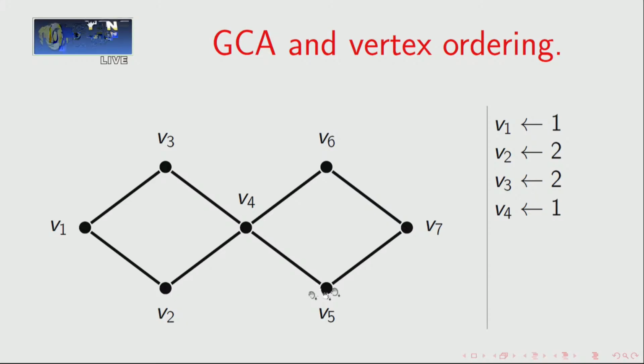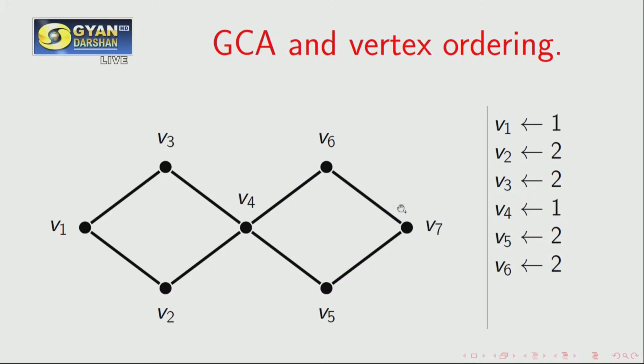Now we color V5. Again we see that only one of its neighbors has been colored before it, that is V4, which is colored by the color 1. So the least color available is 2, and 2 is assigned to V5. In a similar way, the color 2 is assigned to V6.